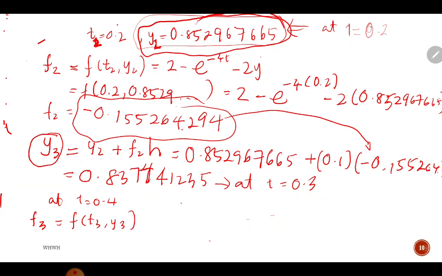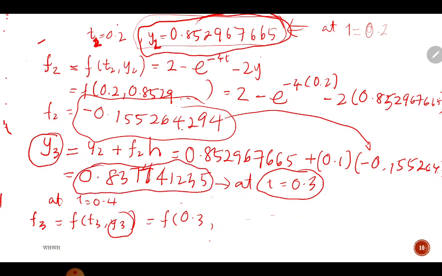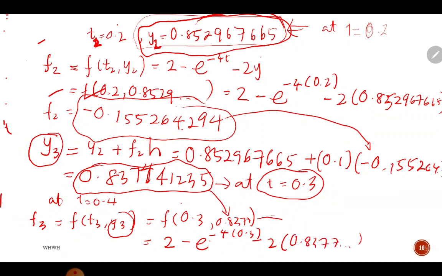Kita punya T3 tadi adalah 0.3, and Y3 kita yang ni, 0.837 dan seterusnya. Then masukkan dalam formula tu, 2 minus E power of negative 4 darab dengan 0.3 this time, then minus with 2 darab 0.8377 tu. Then you dapatlah F3.